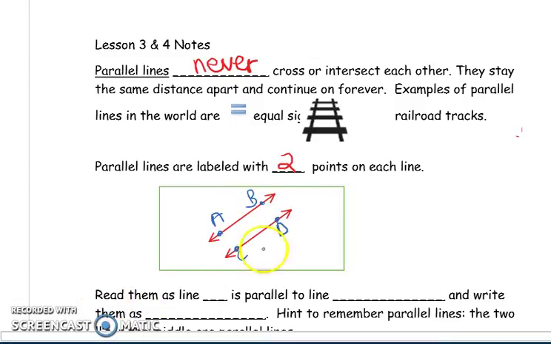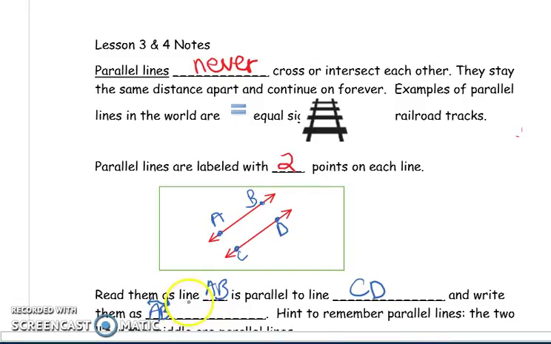When you read this, you read it as line AB, and don't forget, is parallel to line CD. That's how you read it. When you write it, you have to use our special symbols. So we're going to put AB, and we have to show that it's a line by drawing that little arrow above it.